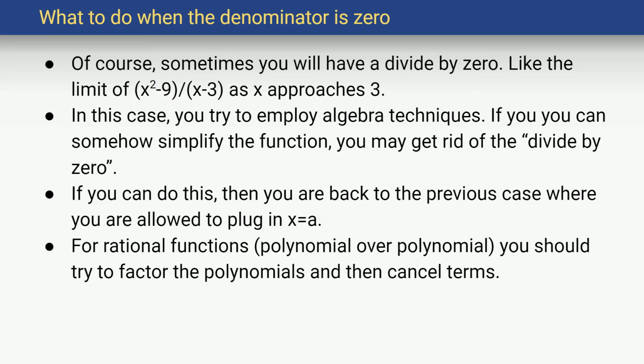Okay, so what we're going to be looking at are cases where the denominator is going to be 0 if you tried to plug in x equals a, and how do we deal with that? There's going to be a variety of different techniques that we use.